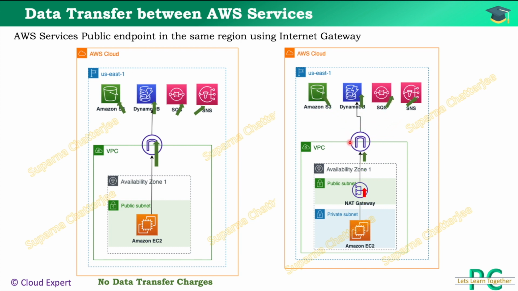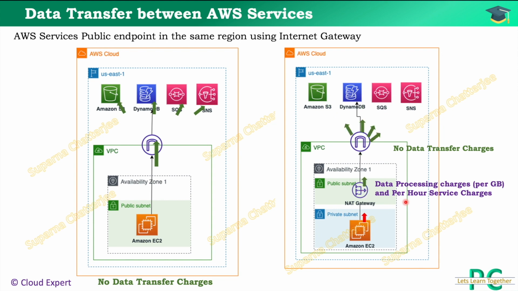But the data transfer between the NAT gateway and the AWS services' public endpoint using the internet gateway is free. But you have to pay for the data processing charge of the NAT gateway. And as you know, the NAT gateway charges on a per hour basis for the service charge, and a data processing charge based on per GB of data you are transferring or downloading.